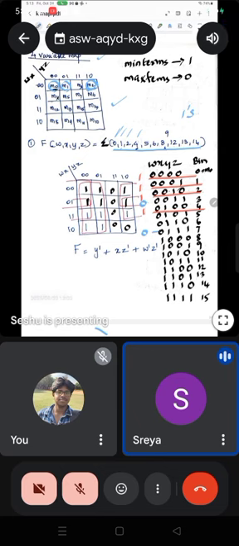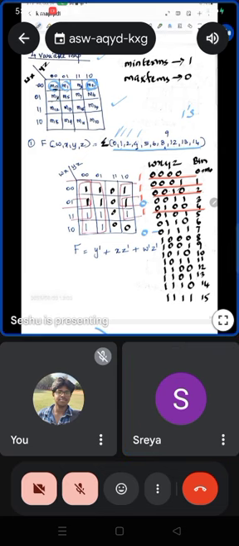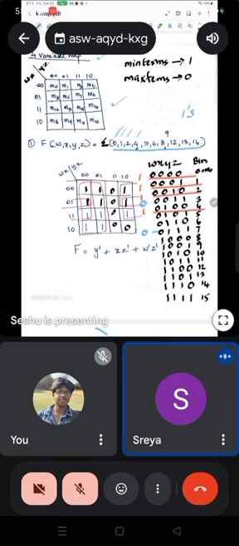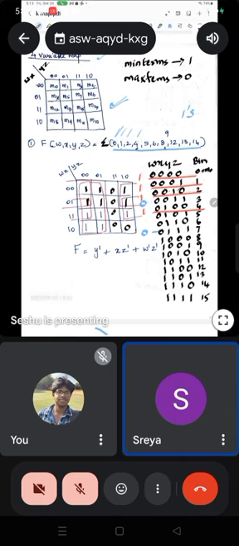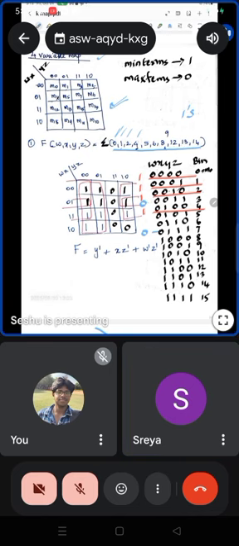You need to follow this bracket. These positions you have to follow, and based on that we have to remember the positions. Then we can place the ones in the positions.